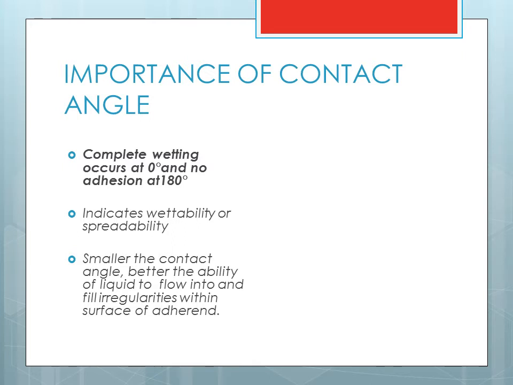So ideally our contact angle should be low or 0, and if the contact angle increases, the wetting or the flow decreases. The contact angle gives an indication of the wettability, spreadability or ability to flow. The smaller the contact angle, the better the ability of the liquid to flow into and fill the irregularities within the surface of the adherent.